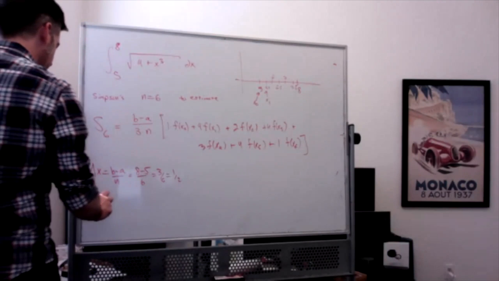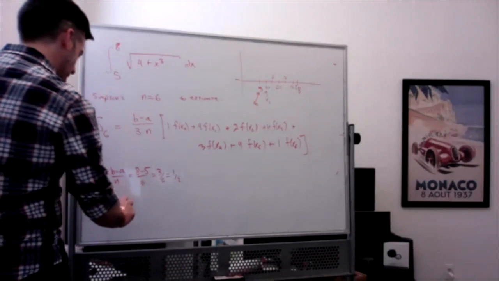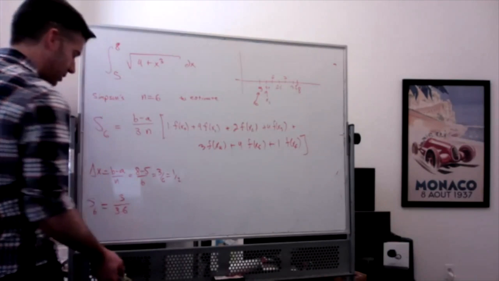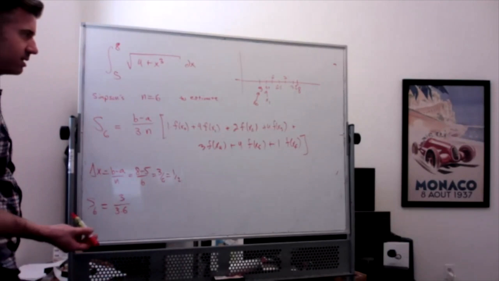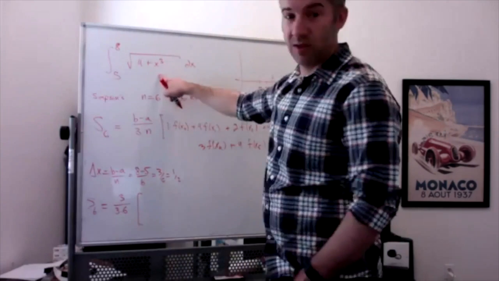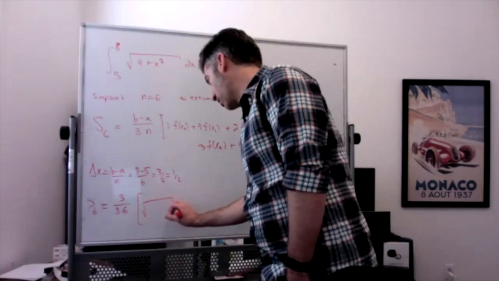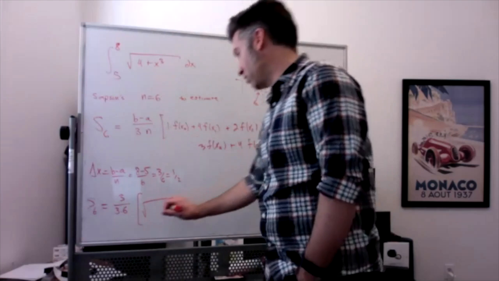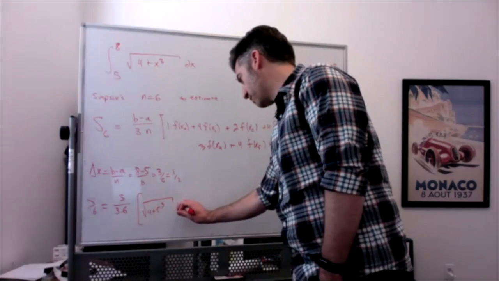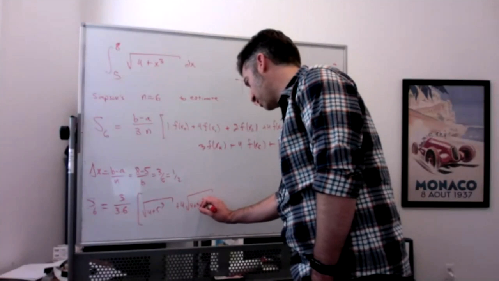So it's going to be, let's see. We're going to get b minus a, which is 3, over 3 times n, which is 3 times 6, which will reduce to 1/6. And then we would have, again, our function is the square root of 4 plus x cubed. So we'd have 1 times the square root of 4 plus 5 cubed, and then plus 4 times the square root of 4 plus 5.5 cubed.